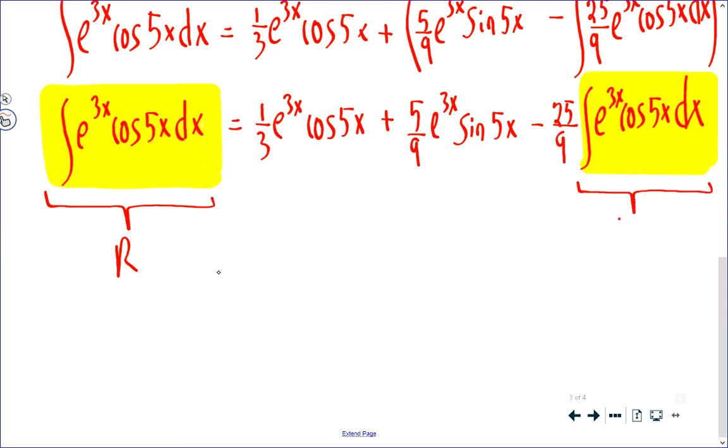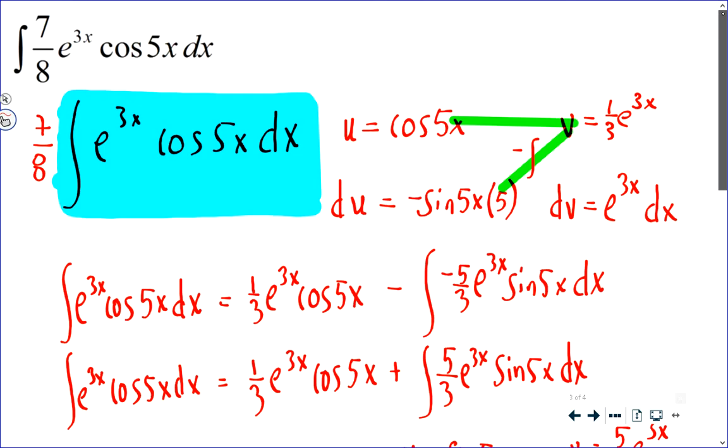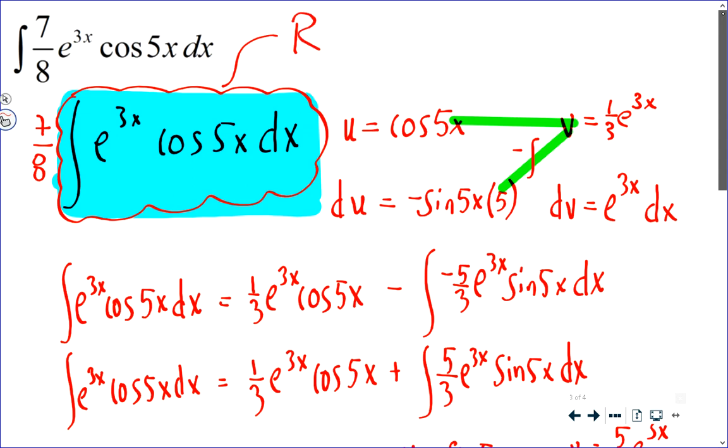But if I knew that, then I could figure out what my answer is. And I'm just going to scroll up and remind you, because our answer is going to be 7/8 multiplied by R. This thing here is the R that I've highlighted on my last line.